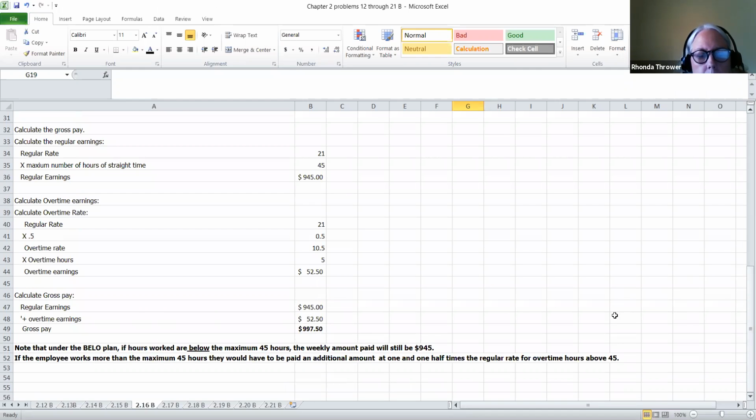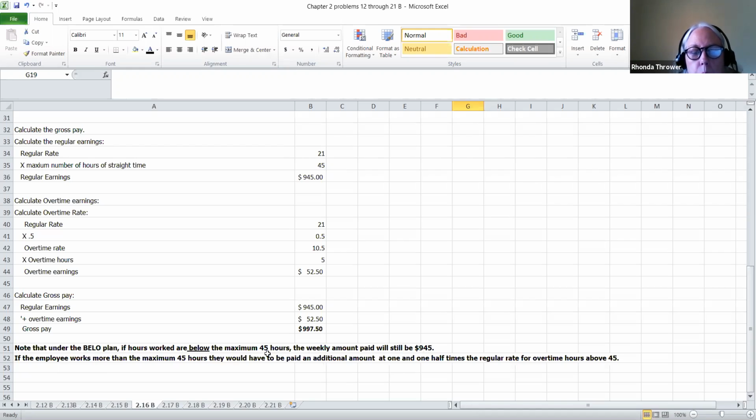I want you to note this. Note under the Belo plan that if the hours worked are below, excuse me, below the maximum 45 hours, the weekly amount paid will still be the same. If the employee works more than the maximum 45 hours, they would have to be paid an additional amount at 1 1/2 times the regular rate above 45 hours.